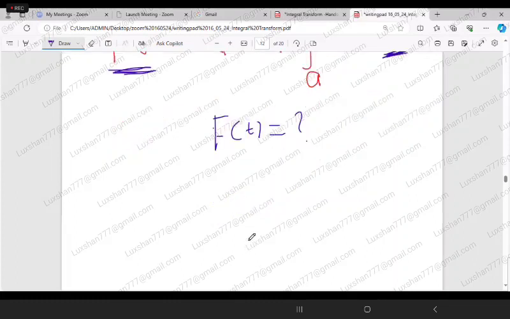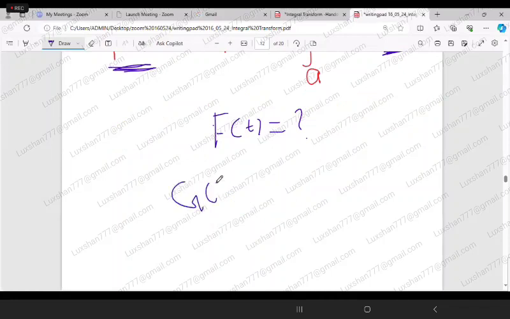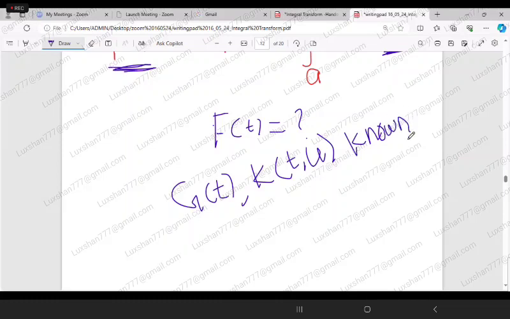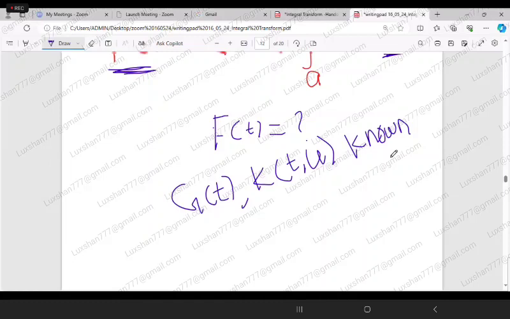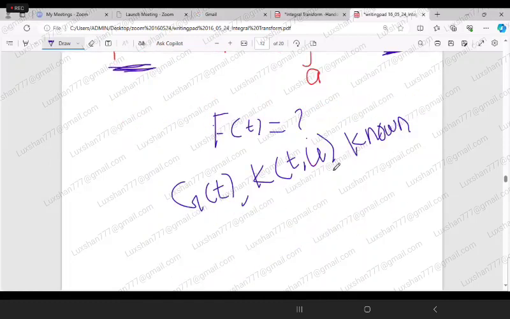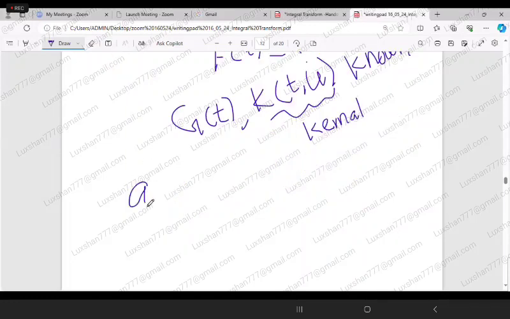So here g(t) and K(t,u) are known, given functions. K(t,u) we call the kernel. a is always constant.